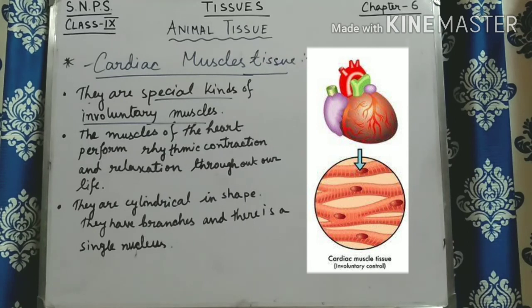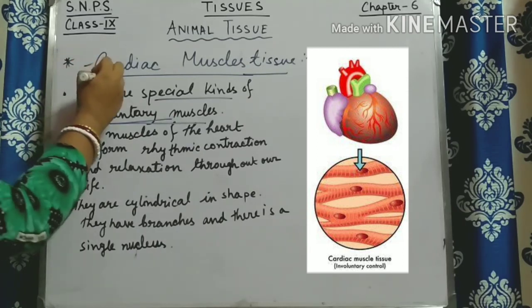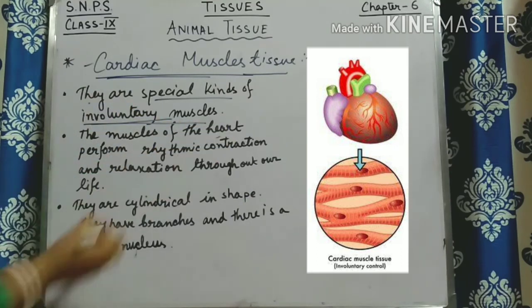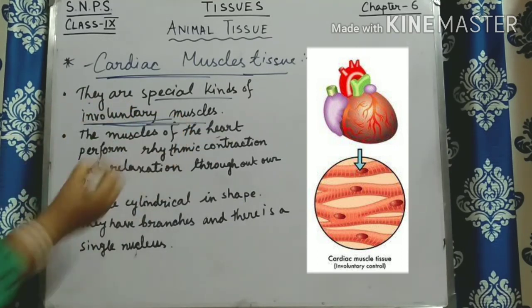As I said earlier, the tissue which we cannot move of our own will are called involuntary muscles. The cardiac muscles are found inside our heart. We cannot control the heart muscles of our own will. That's why they are involuntary muscles.